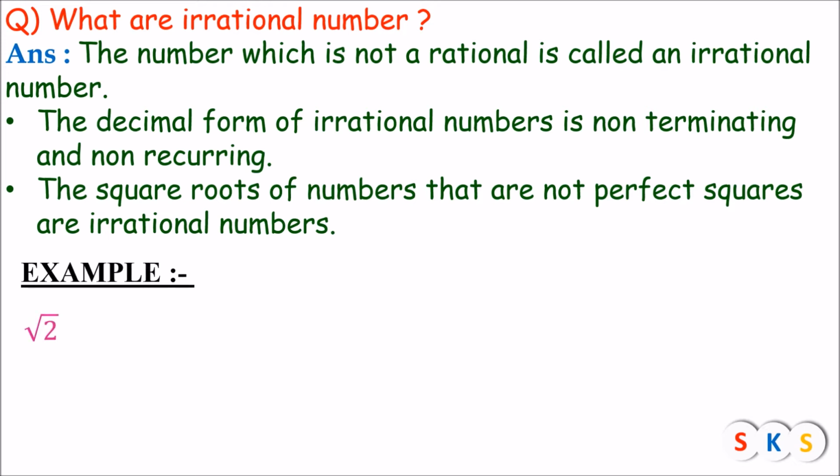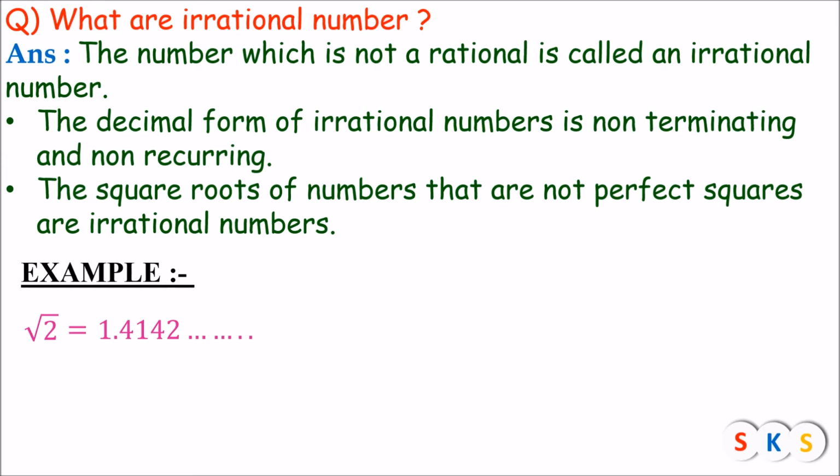Here we have square root of 2, and you can see that 2 is not a perfect square, and the decimal form of root 2 is 1.4142 and so on. It means the decimal form of root 2 is non-terminating, meaning never ending, and non-recurring.